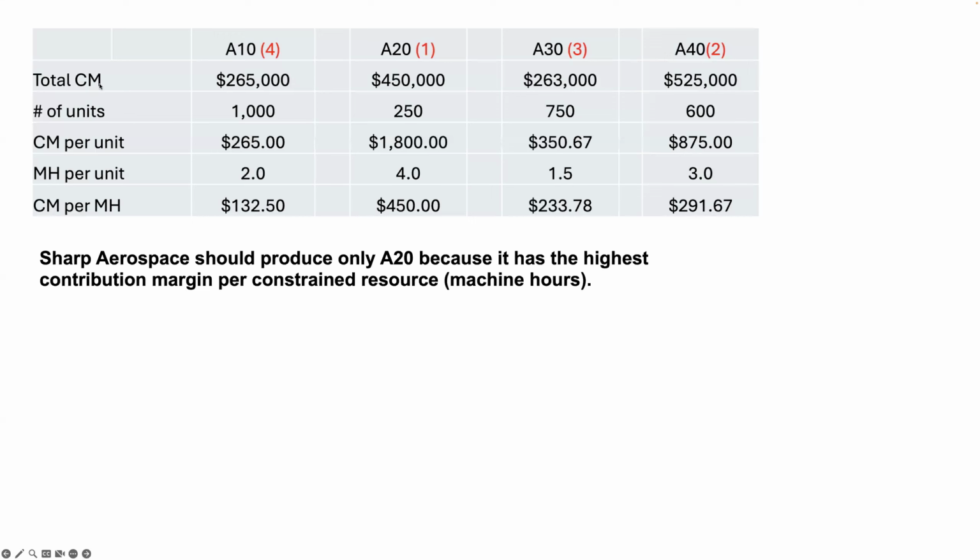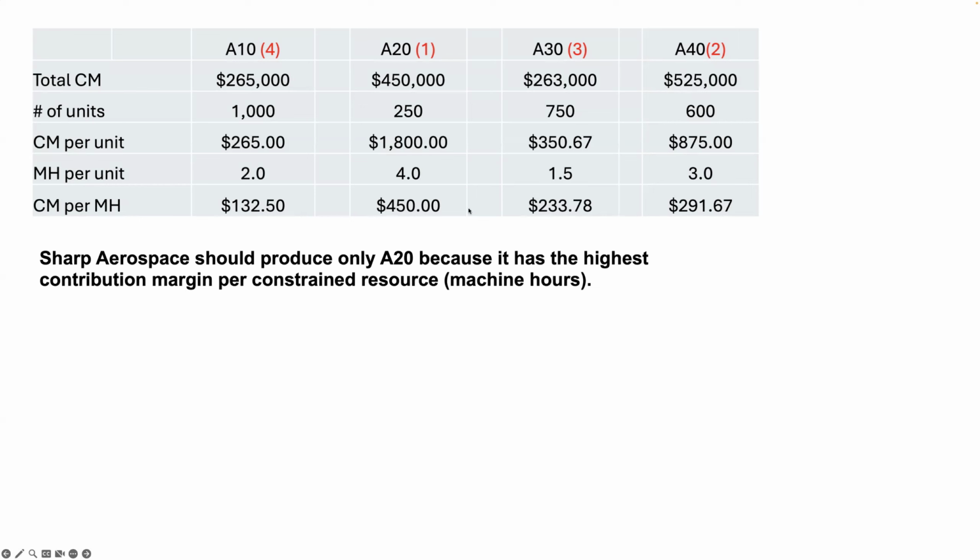We calculate total contribution margin using revenue minus variable cost. And then I know the number of units for each component, so I'm able to calculate my contribution margin per unit. Okay. And then I also know the number of machine hours required for each unit. So then I can calculate the contribution margin per machine hour.